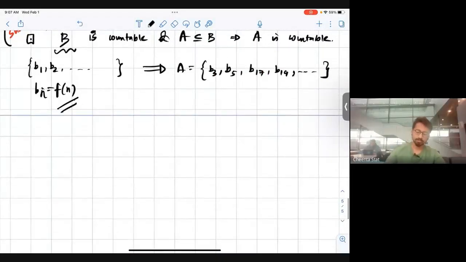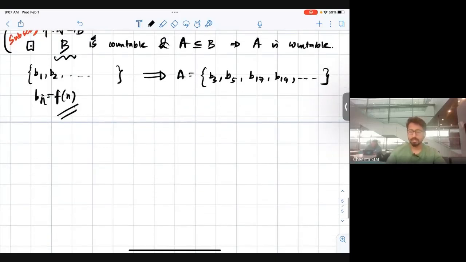The second property, for example: Z is the integer set, right? So any subset of the integer set is a countable set. So if you take, for example, the even numbers, you don't have to prove it separately. Any subset of the integer set is a countable set. That's the first property.